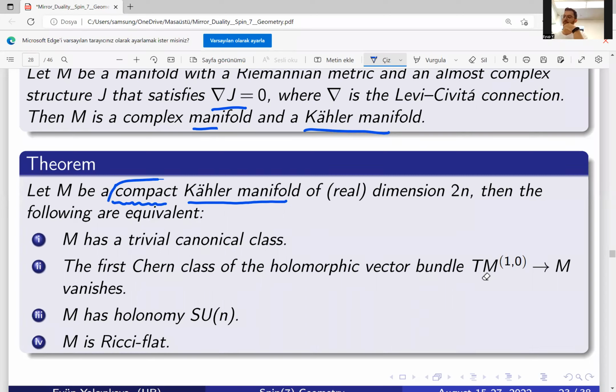If you choose the compact Kähler manifold with a two-dimensional object, you can say that M has a trivial canonical class, and this is directly related to the Chern class.